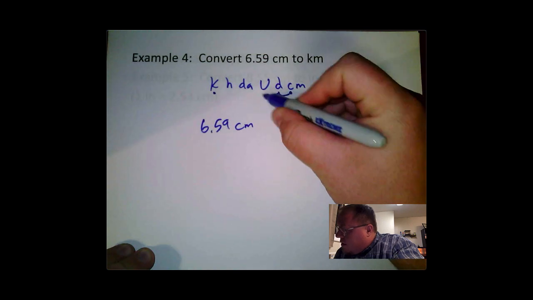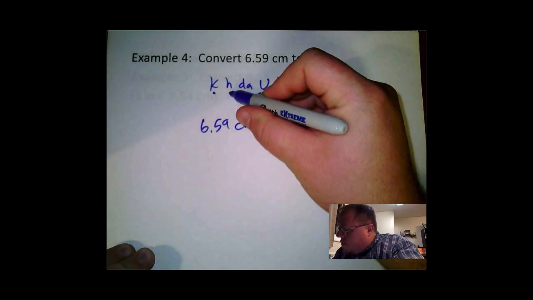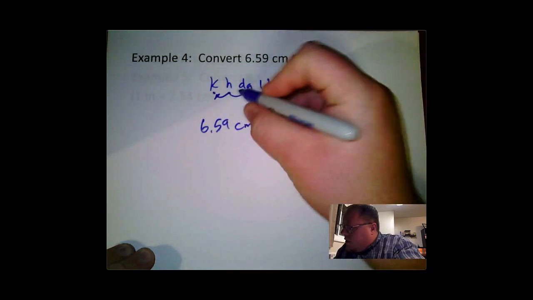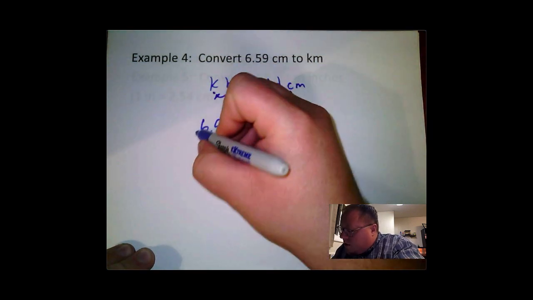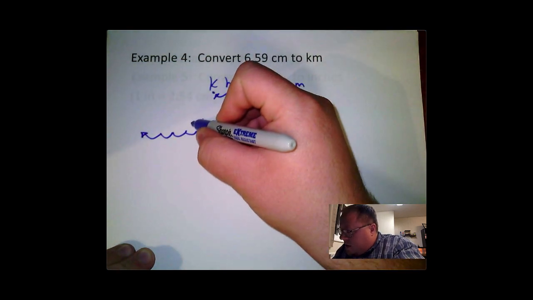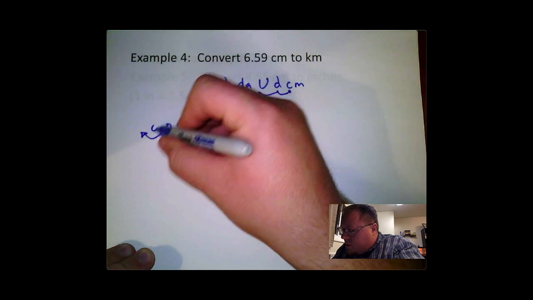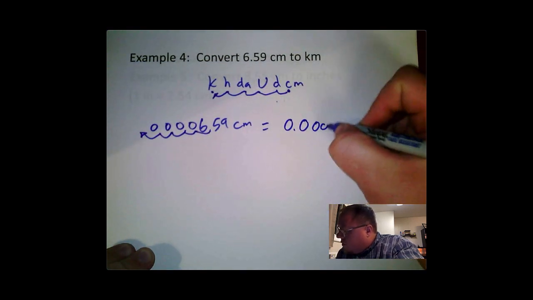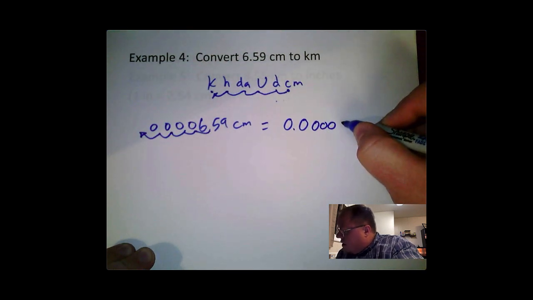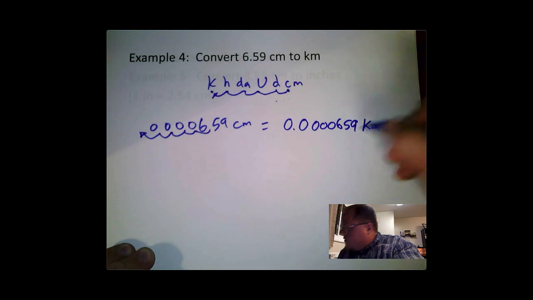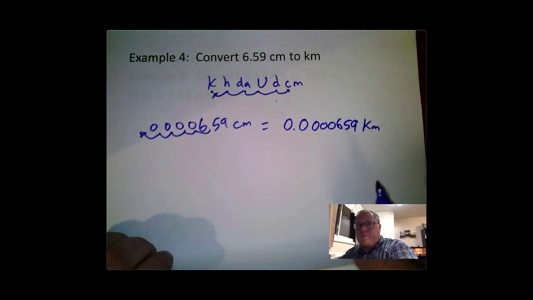So that's 1, 2, 3, 4, and 5 steps to the left. So this one's a little bit longer, so I'm going to go 1, 2, 3, 4, 5 steps to the left. So this would be 0.00000659 kilometers, with 4 zeros after the decimal. Okay.